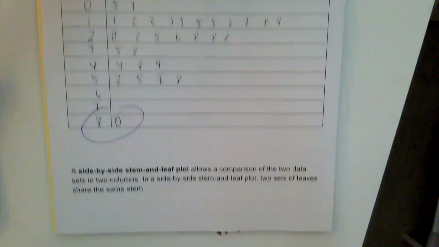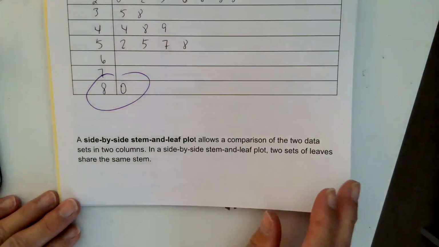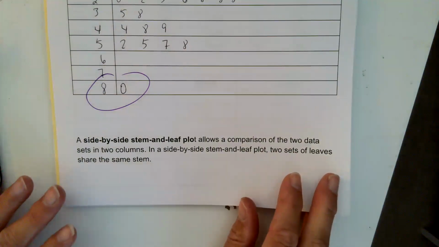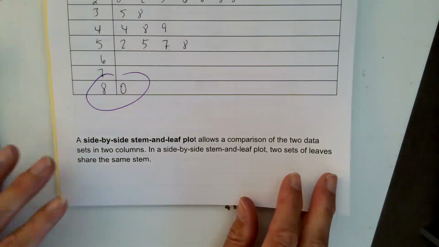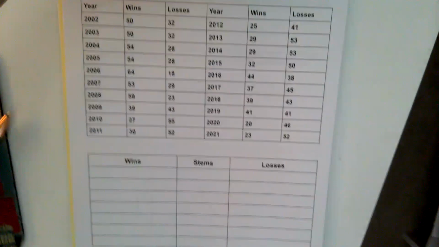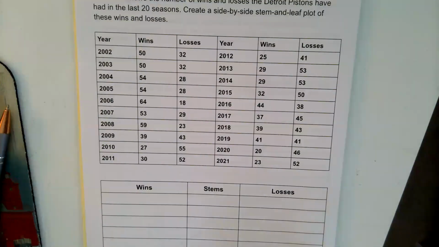The side-by-side stem and leaf plot is a nice way to compare two data sets that maybe have something similar or different that makes them different, that you want to compare. So we're going to look at an example here. The table shows the number of wins and losses the Detroit Pistons have had in the last 20 seasons.